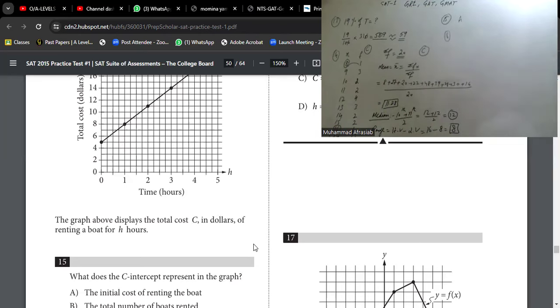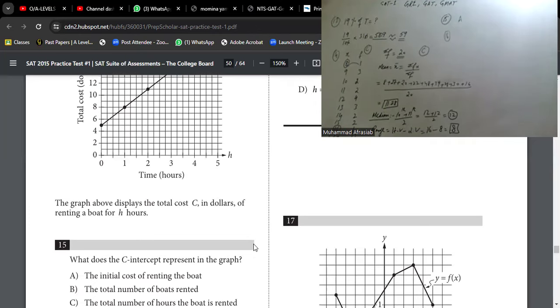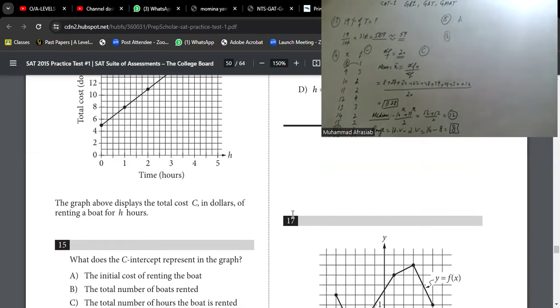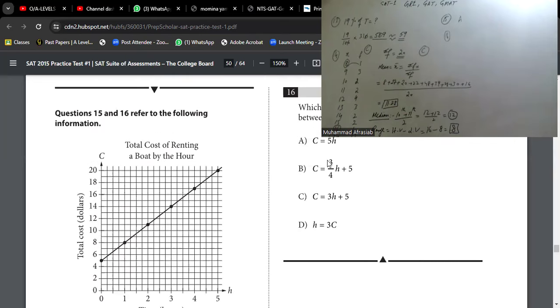Then question number 16, because 15 and 16 are related to the same part. Which of the following represents the relationship between H and C?